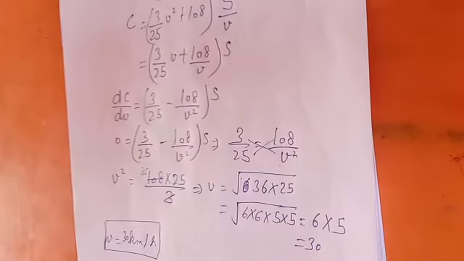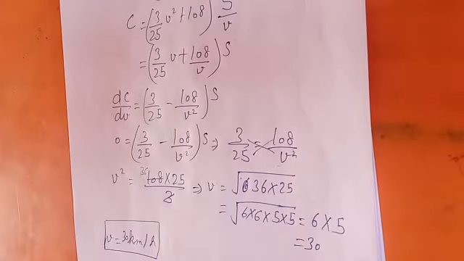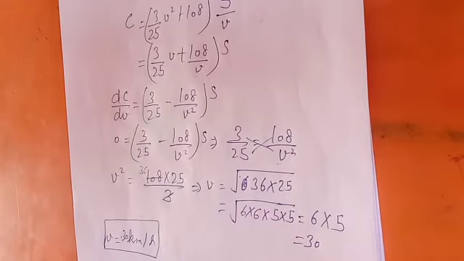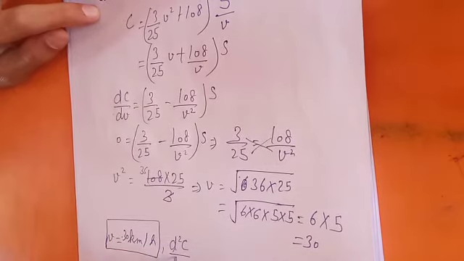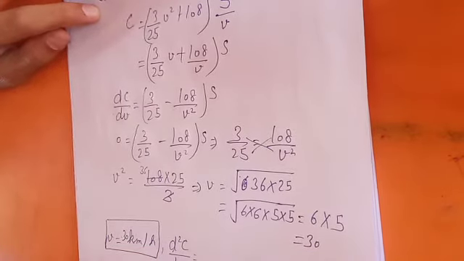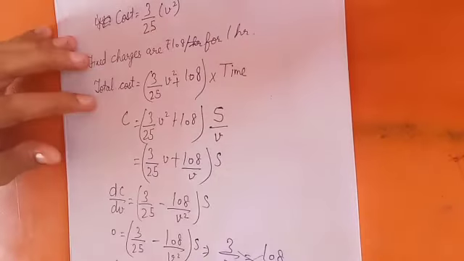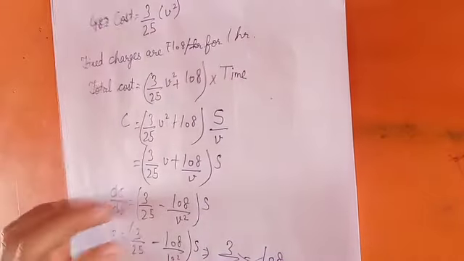Okay, but first we have to check whether at this value of v we will have a minimum or not. So we have to do the double derivative. Double derivative means d square C by dv square. That will be the differentiation of this.